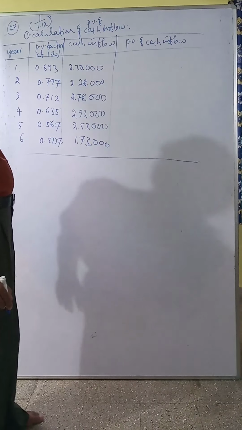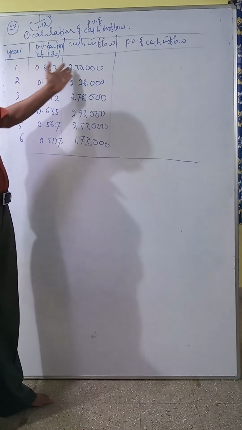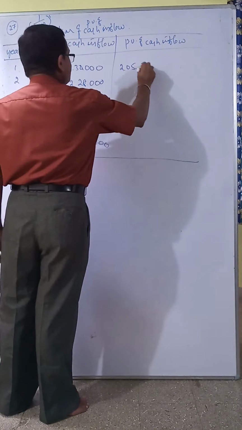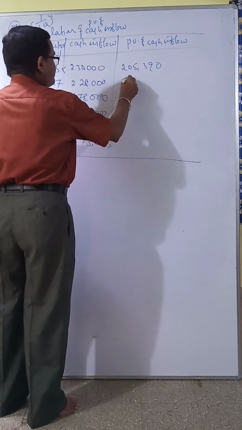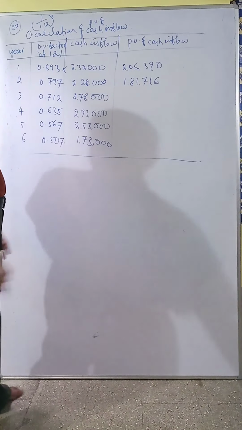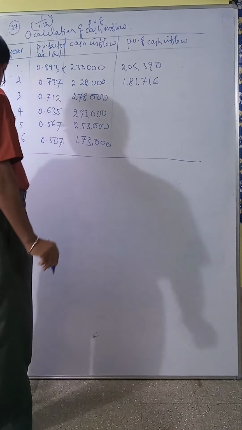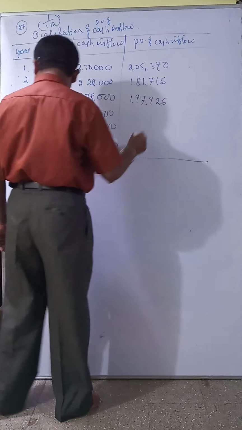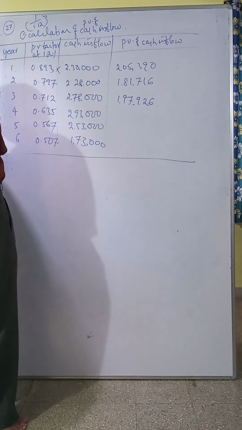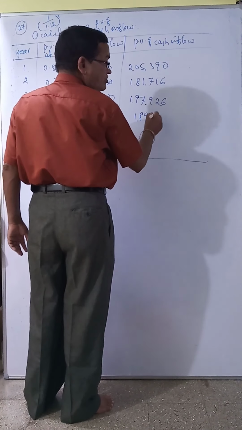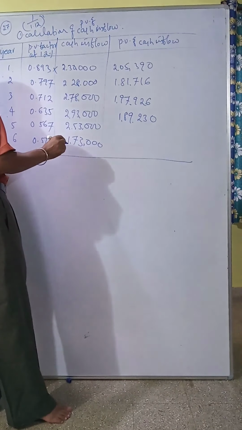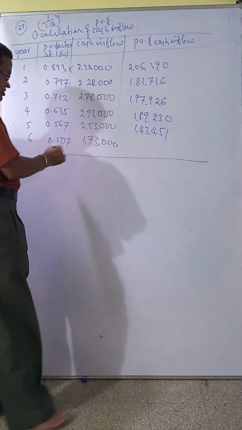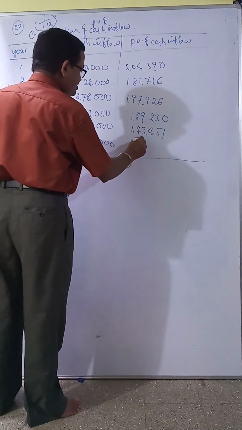Then the present value of cash inflow: multiply the discount factor by the cash inflow. We get 2,05,390, then 1,81,716, then 1,97,926, then 1,89,230, then 1,43,451, and the last one 87,711.